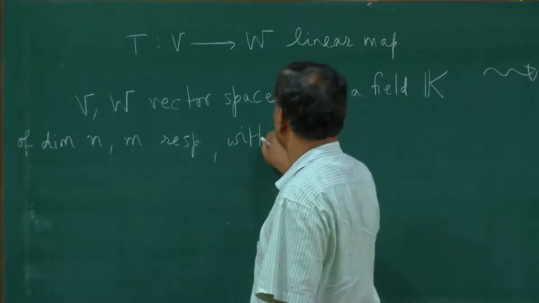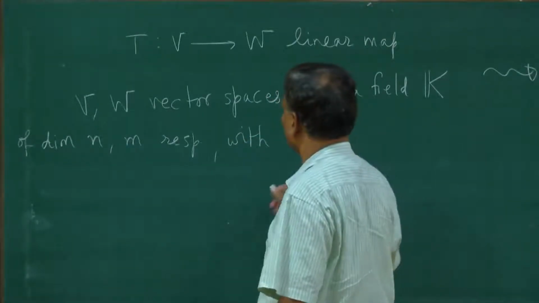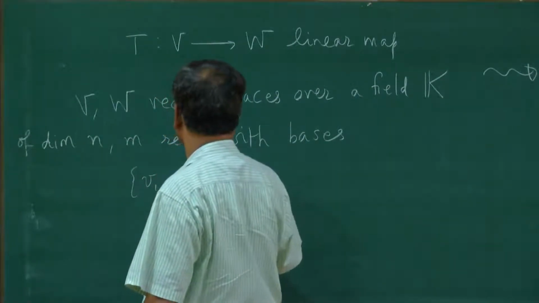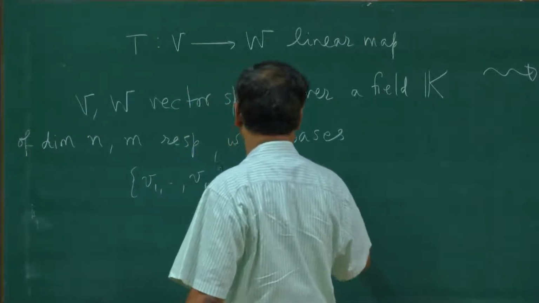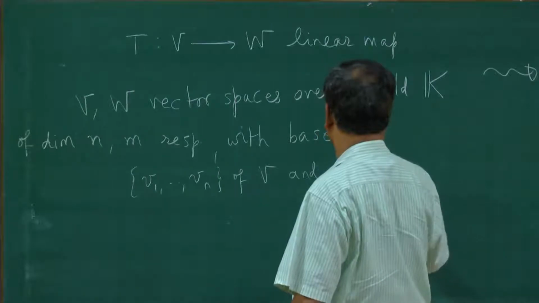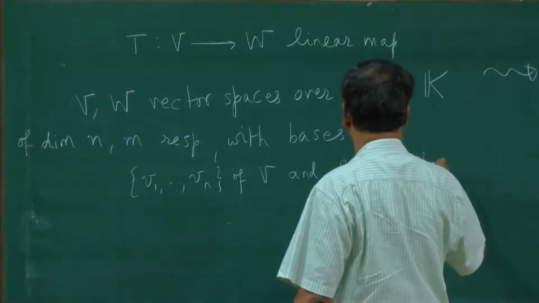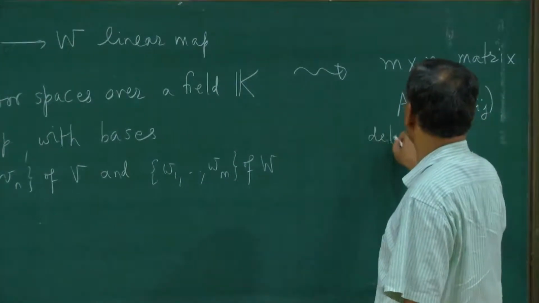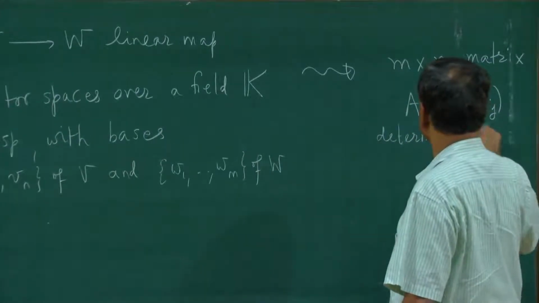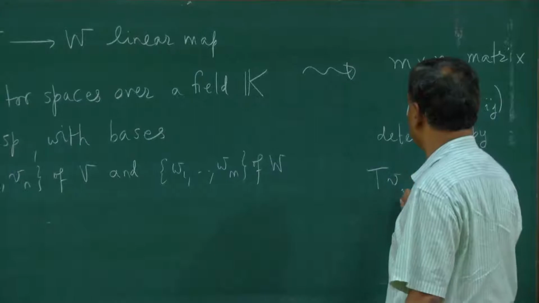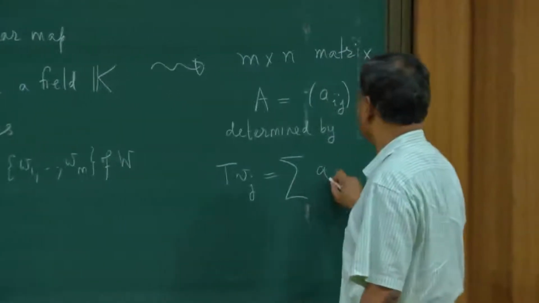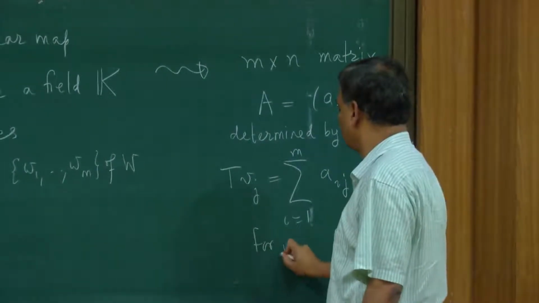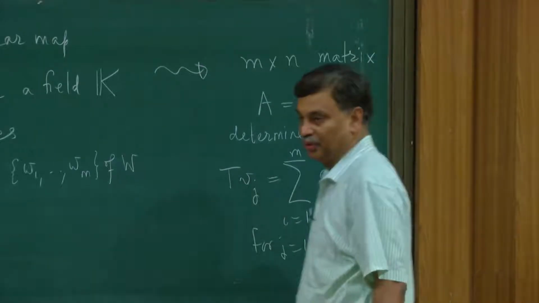With say basis V1, V2, Vn of V and W1, W2, Wm of W, and this is determined by the equation T of Vj is summation Aij Wi for j from 1 to n.